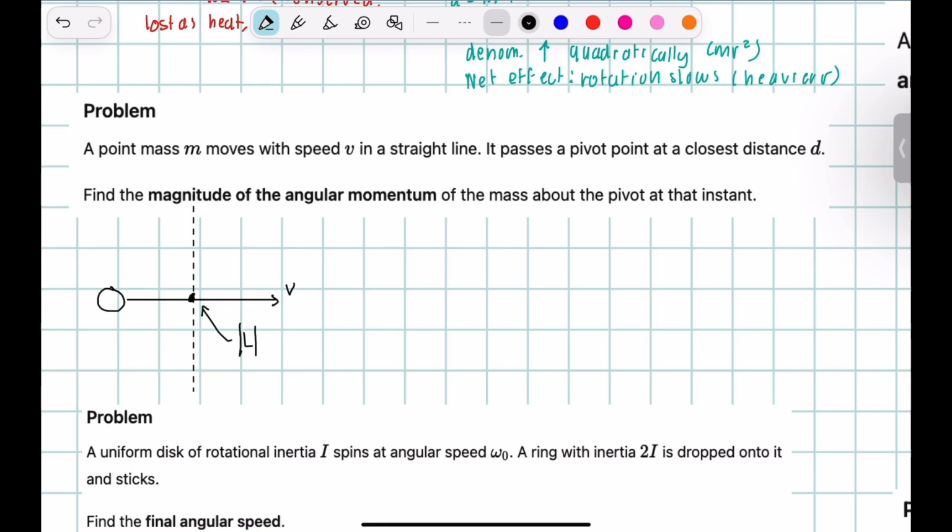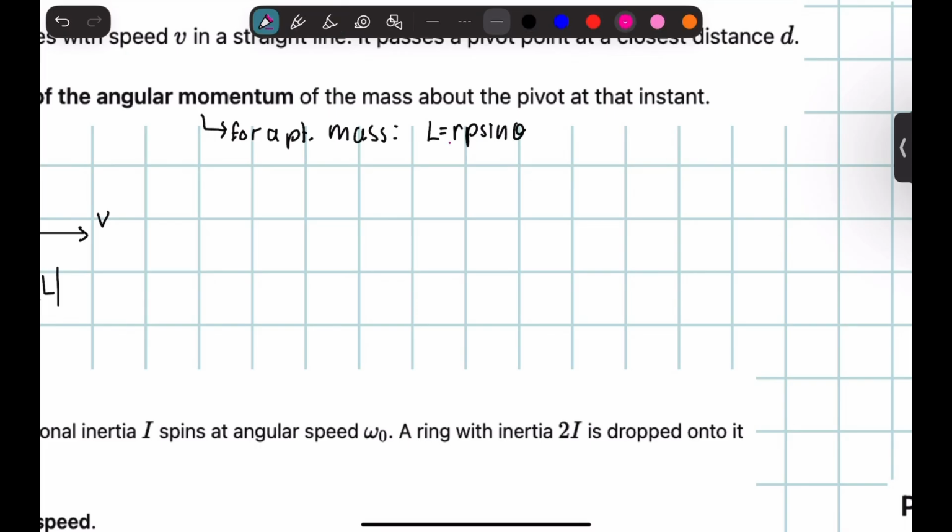How do we do that? We know the angular momentum for a point mass, the formula is L is equal to r p sine theta. If you're wondering where this formula comes from, it comes from the definition of angular momentum. So we know that the vector L is equal to the vector r cross the vector p.